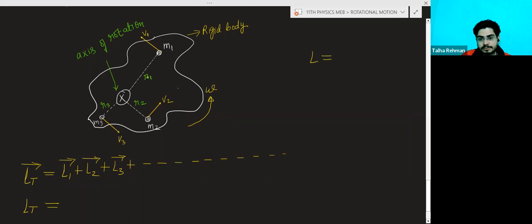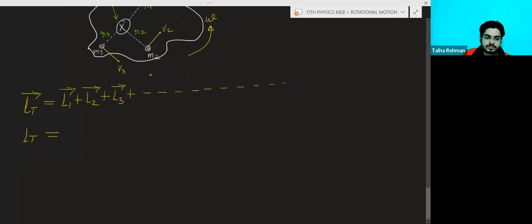Angular momentum is given by m v into r perpendicular. Here r1 is perpendicular to v1, so the angular momentum of this mass is m1 v1 r1. One more thing, direction.